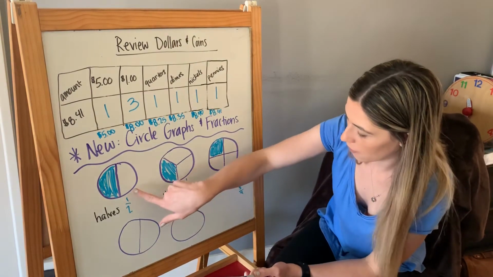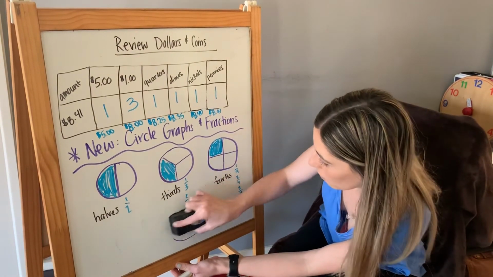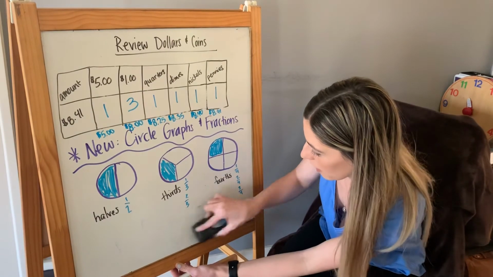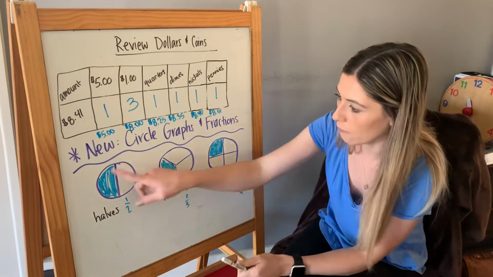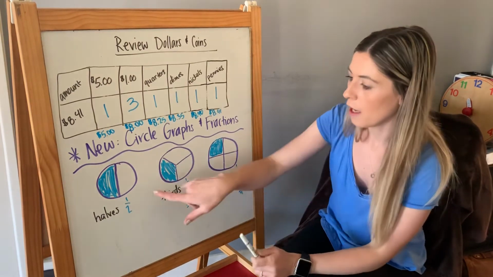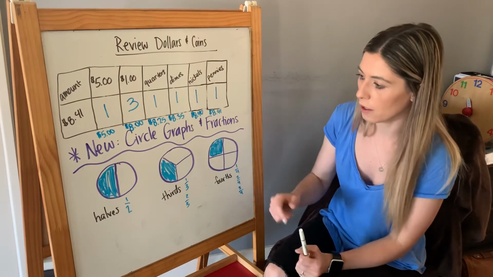Let's say I just compare these two, actually. 1/2 and 1/3. I kind of already gave the answer away earlier, but that's okay. So I have 1/2 colored in and 1/3 colored in. If you look at them, which one looks like it has more colored in?